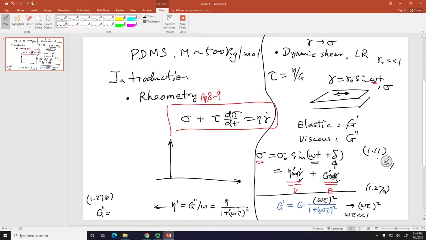So quickly, I get to the end of the story for you: the Maxwell model gave you a nice way to think about what G prime and G double prime are. This is the Maxwell prediction of G prime, G double prime. And in particular, it tells you when G prime and G double prime are equal, this crossover frequency is 1 over tau.